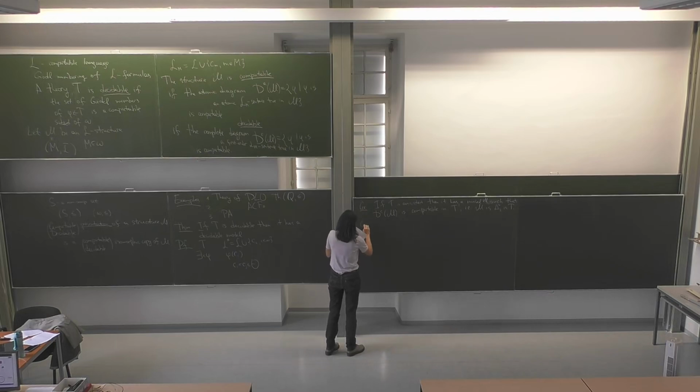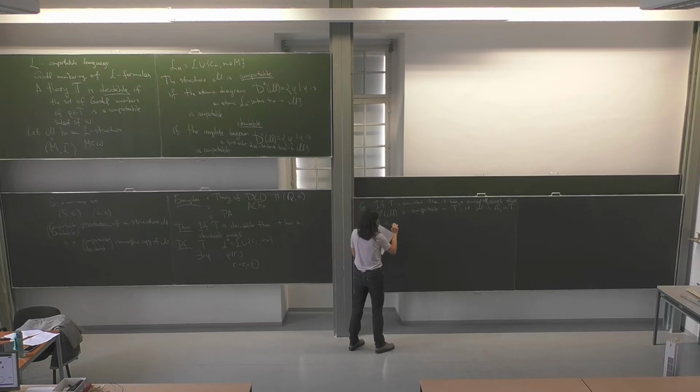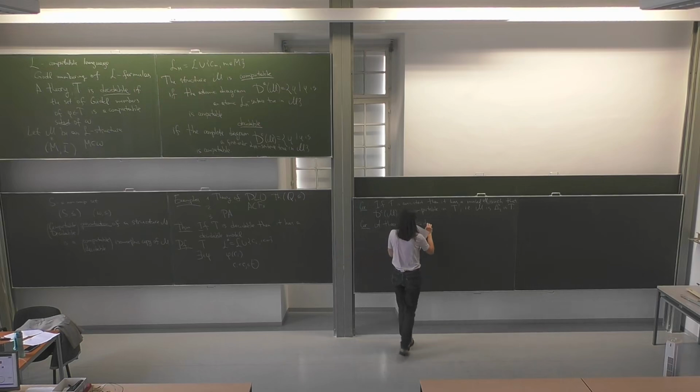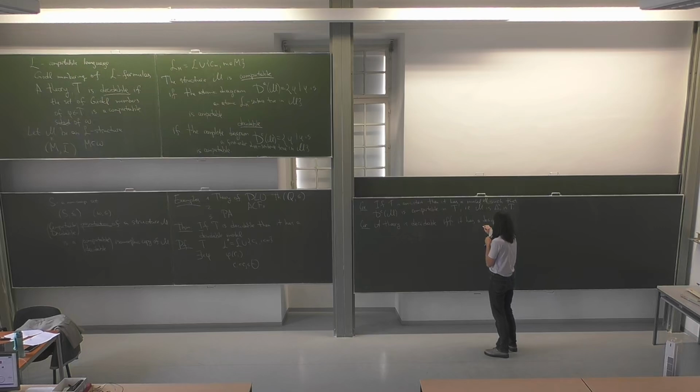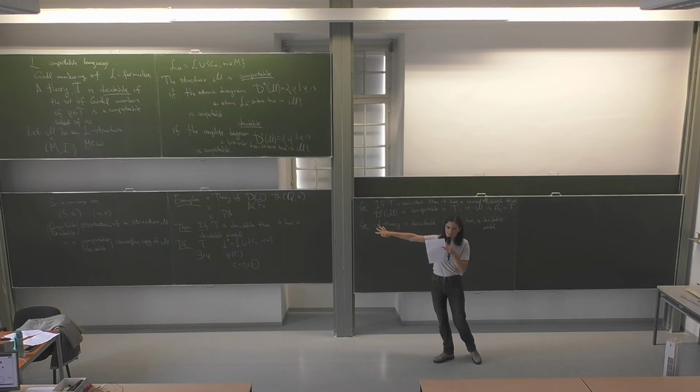Okay, another corollary. A consistent theory is decidable if and only if it has a decidable model. So one direction is this theorem.